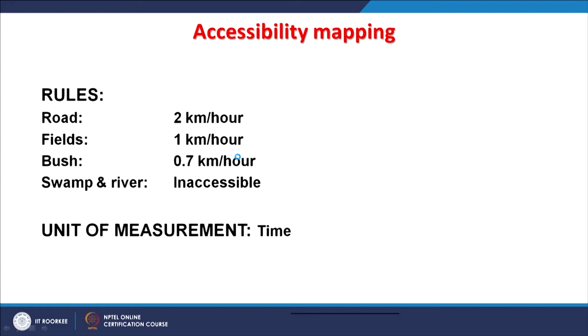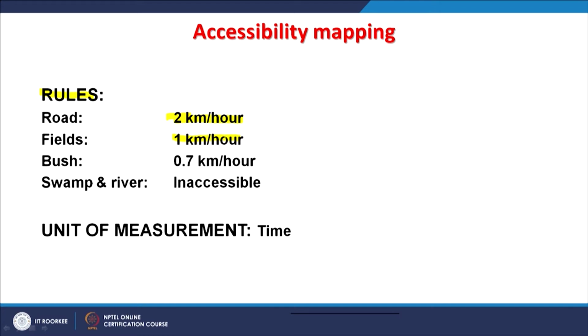So, the rules that are put here, for example, if one has to travel by road, now time is coming in, then 2 km per hour, and if one has to travel through fields, not by road, then the distance covered is 1 km per hour.